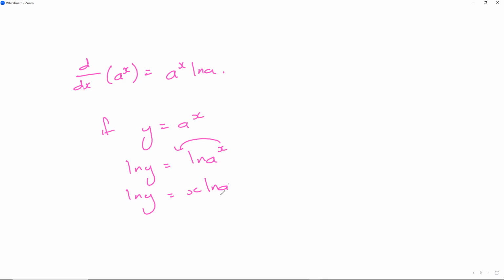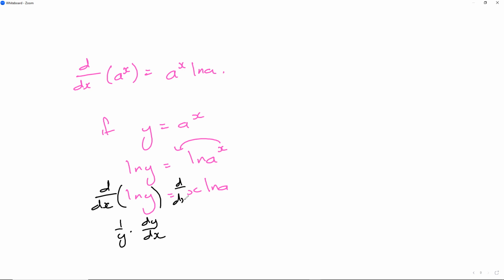From this here, deriving this whole function, so if I go d/dx of the whole function, the left-hand side is going to be 1 over y multiplied by dy/dx. And on the other side, we know ln a is just a value.